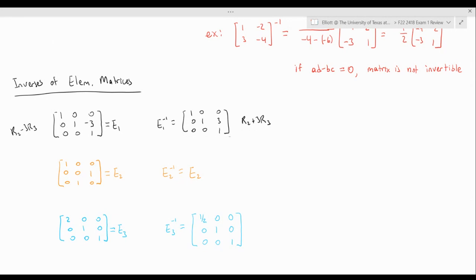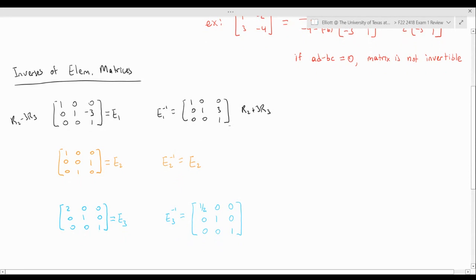You end up getting a 3 in this 2, 3 position of the matrix, okay? And so the elementary matrix that corresponds to the inverse row operation will be the inverse of the original elementary matrix, okay?